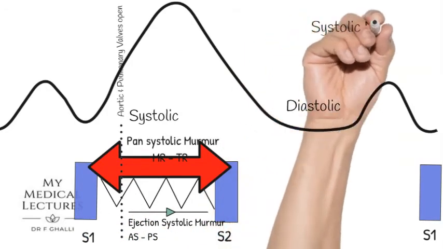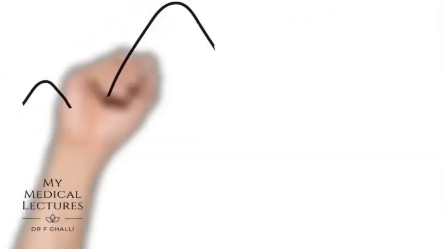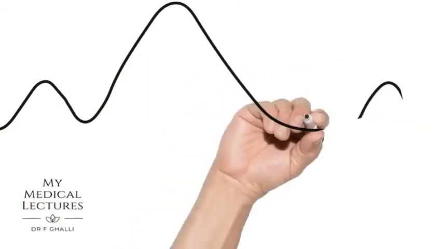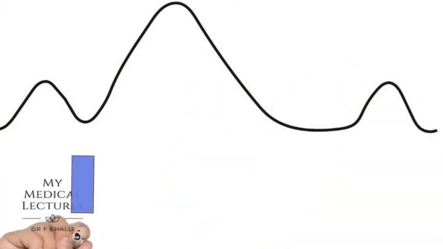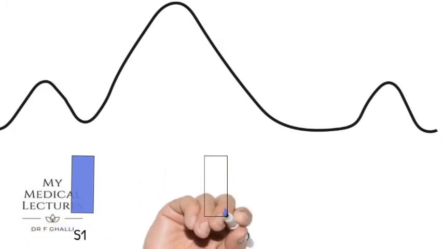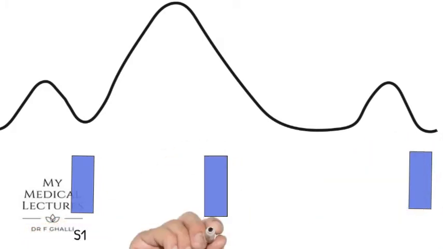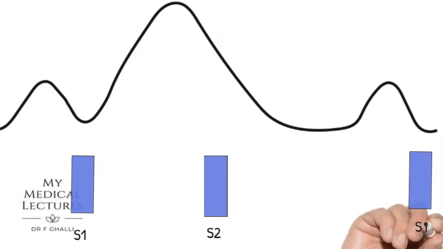Aorta and pulmonary here at the start of diastole should be closed, but if they have any incompetence, blood will return back, causing what we call early diastolic murmur of aortic regurgitation and pulmonary regurgitation.